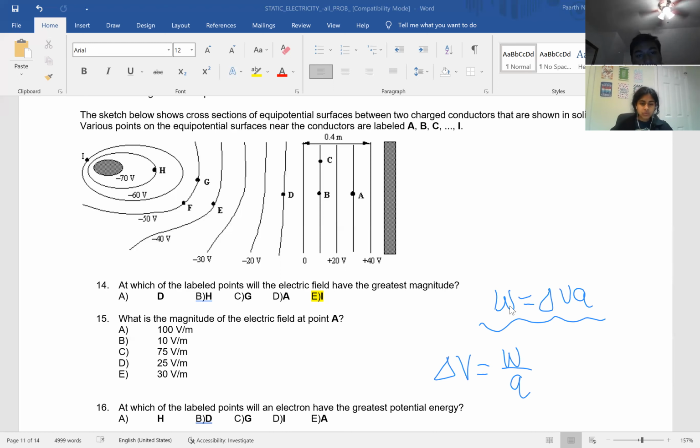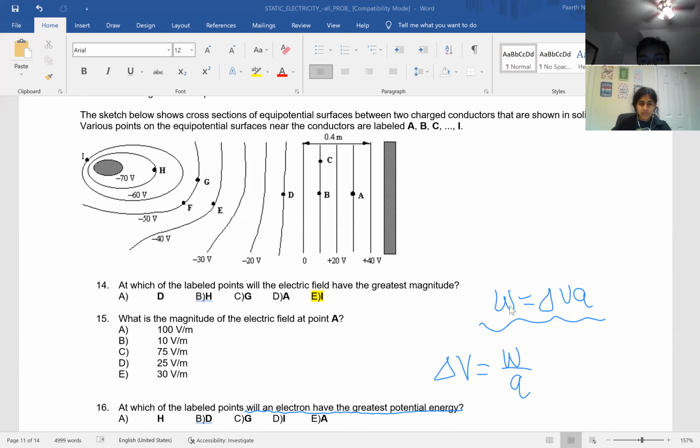And then you also want to be able to check all the points near that. So the only options here are I and H, and the answer is going to be actually H, because it's asking for the greatest potential energy. So H is a positive test charge being attracted to a negative.